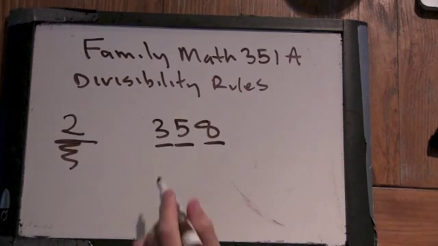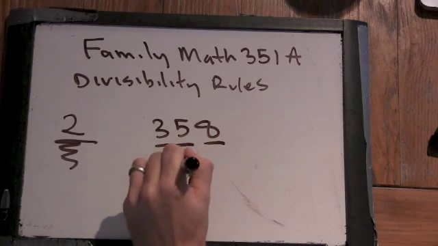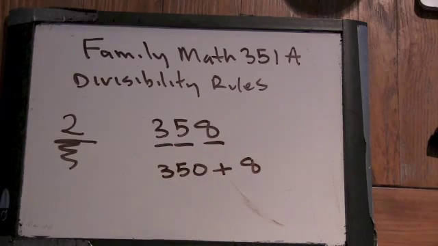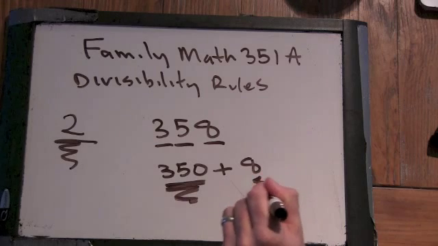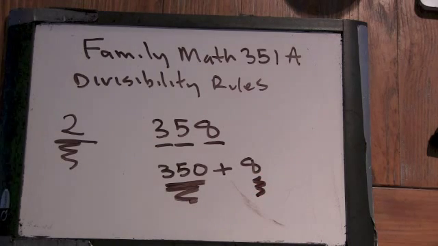Right, so essentially this number is 350 plus 8, and we know that 350 is divisible by 2. Why? Because you need a 5 and a 2 to make a 10. It's a multiple of 10, so it must be a multiple of 2. So all we have to do is check the 8, and that's 2 times 4.